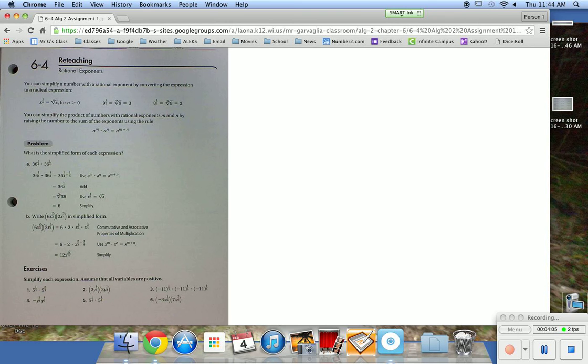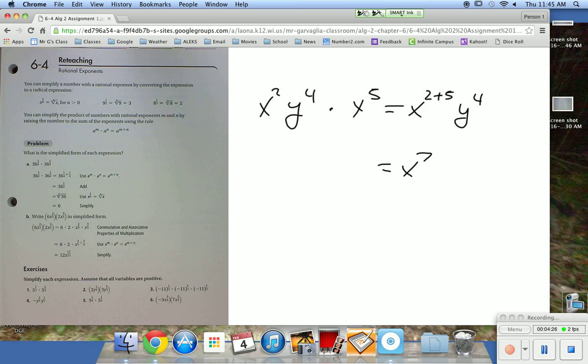If I give you x squared y to the 4th times x to the 5th, you can combine the x's but not the y. This would be x to 2 plus 5 y to the 4th, or x to the 7th y to the 4th. You can only combine them if they have like bases.